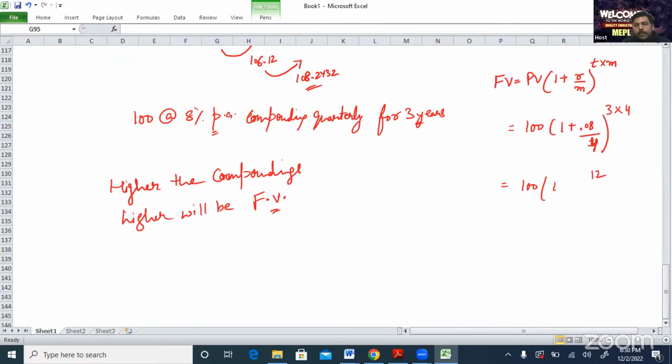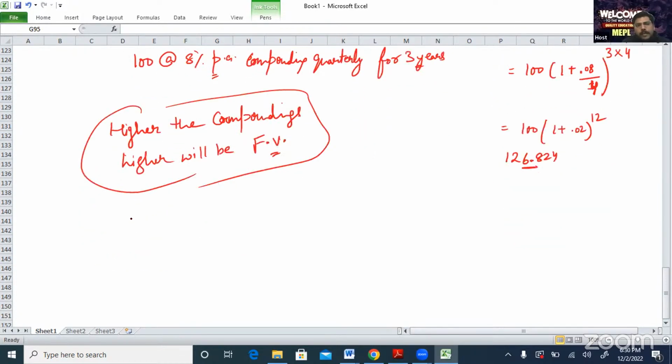For example, let's say you are investing 200 rupees. This question you have to try; I will give you 2-3 minutes.